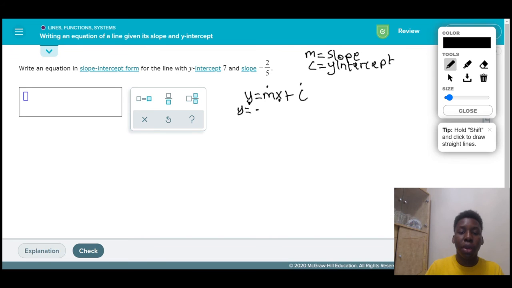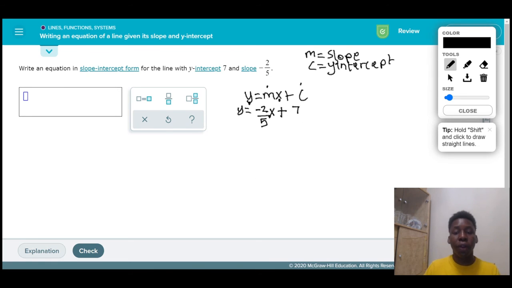So y equals minus 2 over 5, and then the x remains the same. Then plus c, where c is the y-intercept. Based on this question, the y-intercept is 7, so we say plus 7.